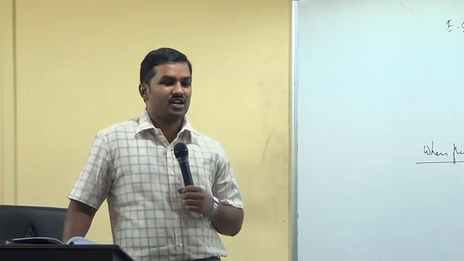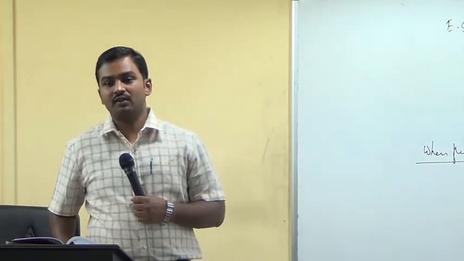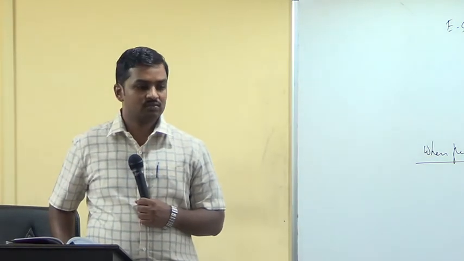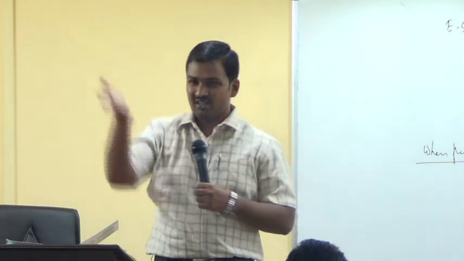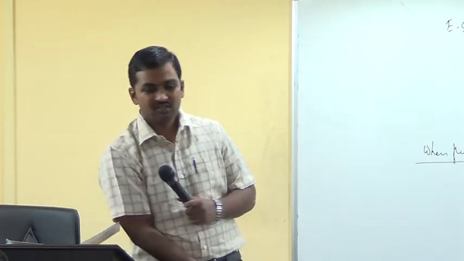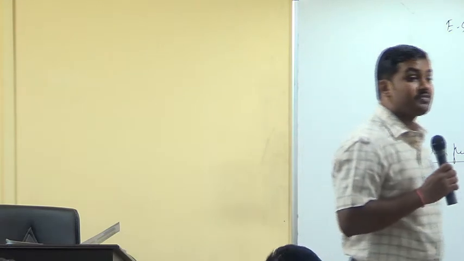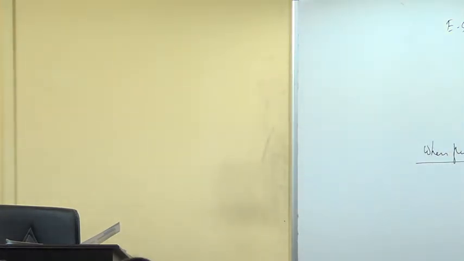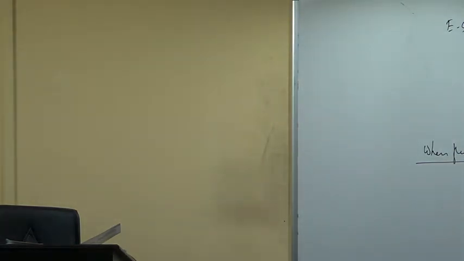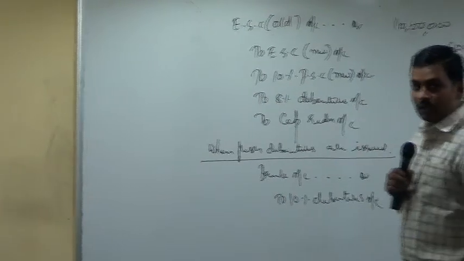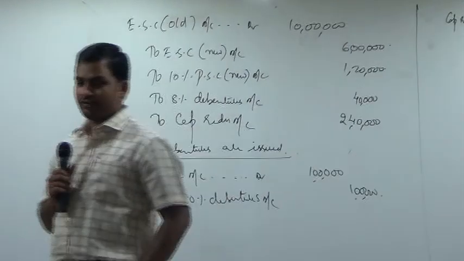Show the calculation there itself. 6,000 into 60. 6,000 for 30 paid up earlier, 30 paid up just now, no boss. Equity share capital of 60 rupees each account debtor, 3,60,000, to capital reduction, 6,000 into 57.5.